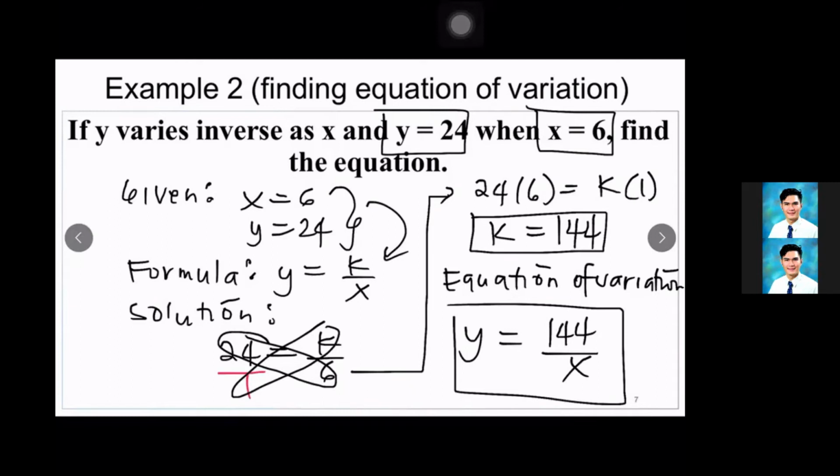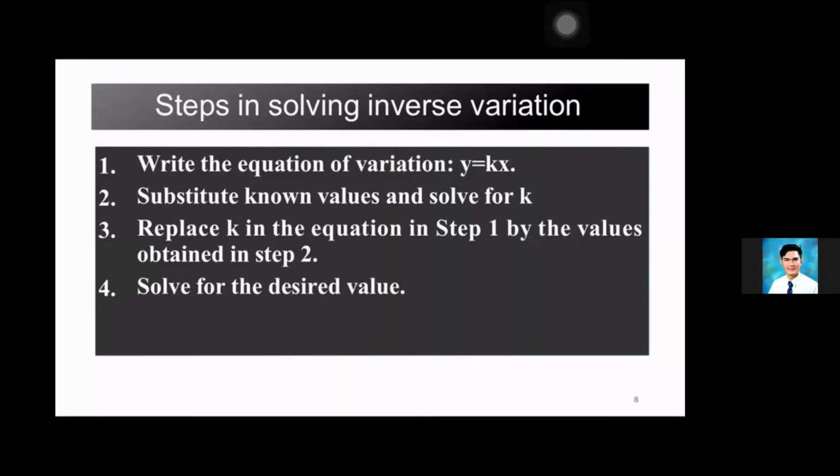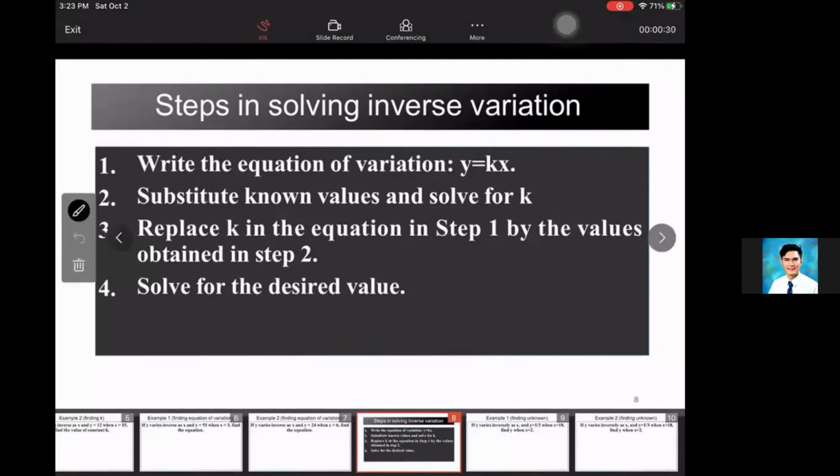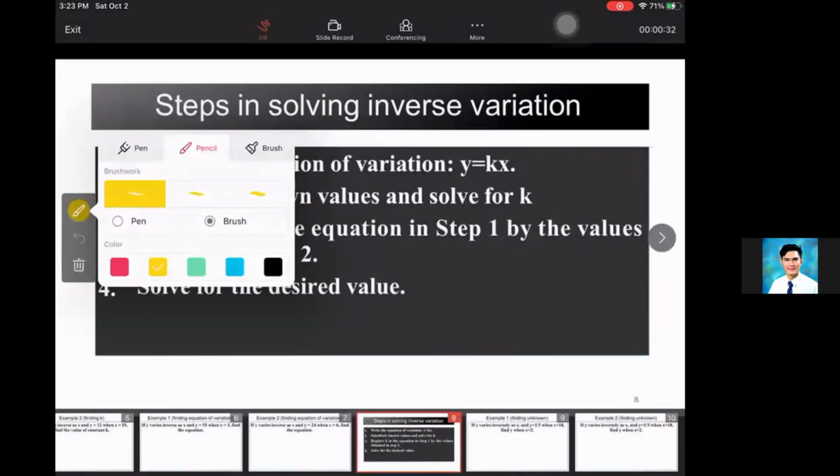Now, let us proceed to our last concept in inverse variation, which is identifying the unknown, just like in our direct variation. Step number 1 is writing the equation of variation, y is equivalent to k over x.